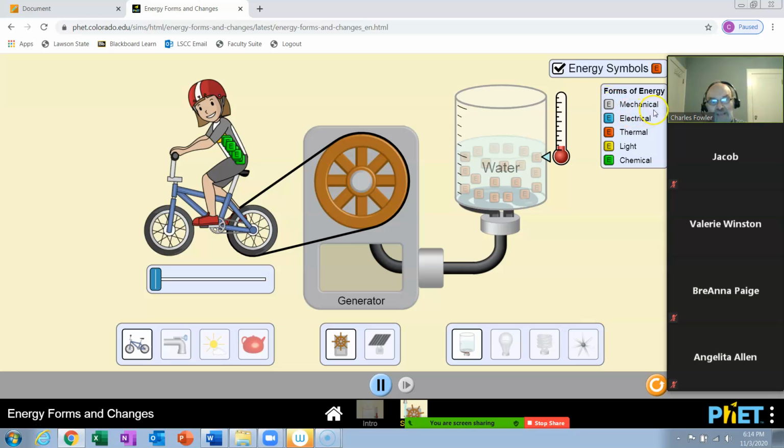So this mechanical, you think either potential or kinetic, one or the other. Okay, what does it say to do next? When you see the mechanical, think of either the gravitational potential energy or kinetic energy. That's the grayish one here. Electrical's blue, thermal's red, light is yellow, and chemical is green.